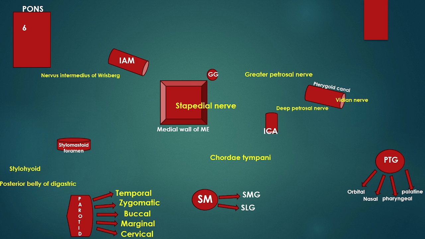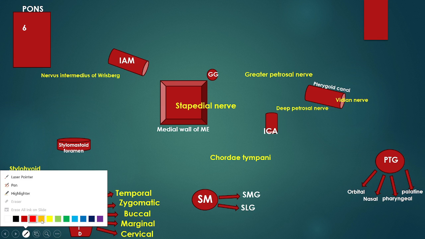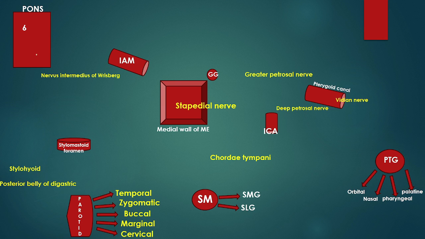So first of all, the facial nerve originates from the pons, particularly from the cerebellopontine angle. Then it makes a U-turn or bends around the sixth cranial nerve, and this bend is known as what? It is known as the facial colliculus, right?